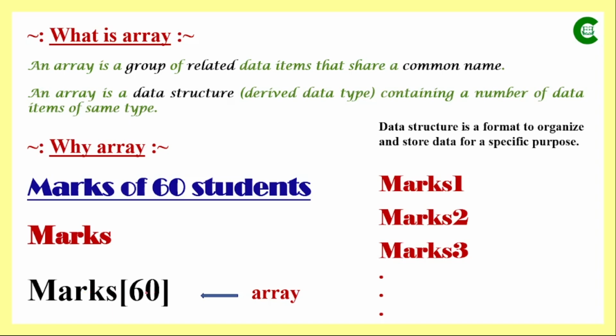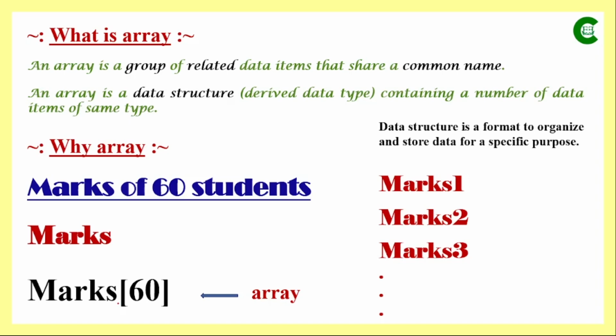This number within the brackets after the variable signifies the size of the array, meaning how many related or same type of data can be stored in that variable. So here the array size is 60. That means we will be able to store 60 different related or same type of data in the same variable, and that is marks.